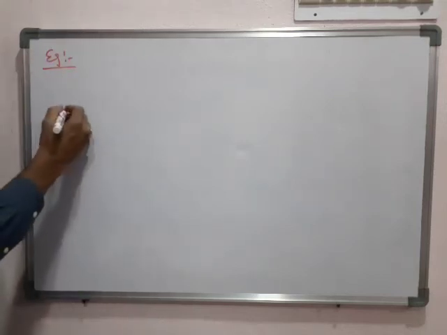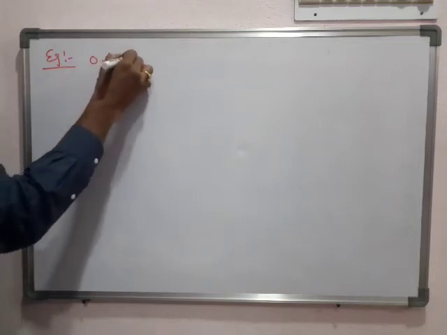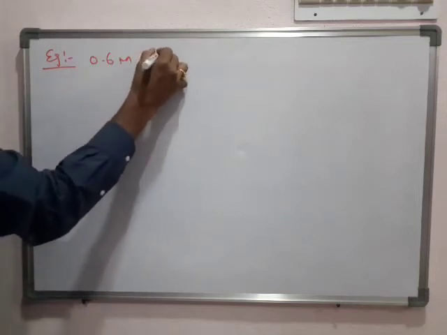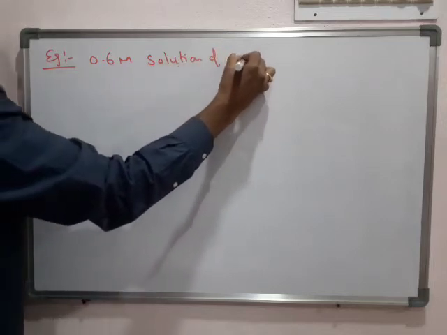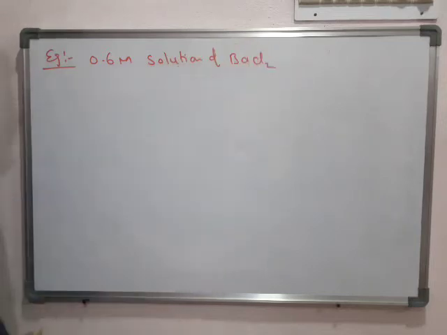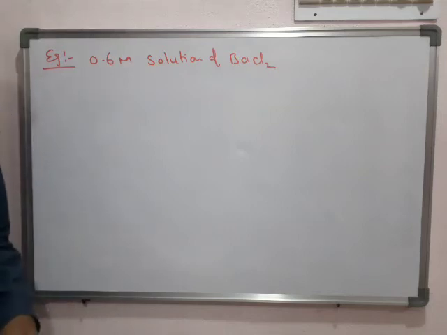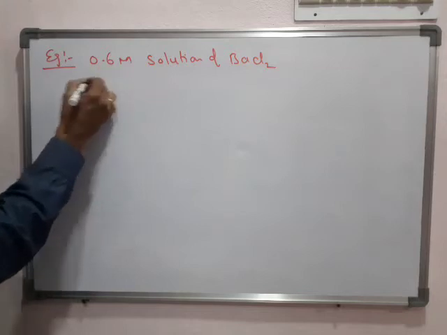Just with the help of an example, we can explain it very easily. So suppose we are taking 0.6 M solution of barium chloride, and we are adding H2SO4 to it.